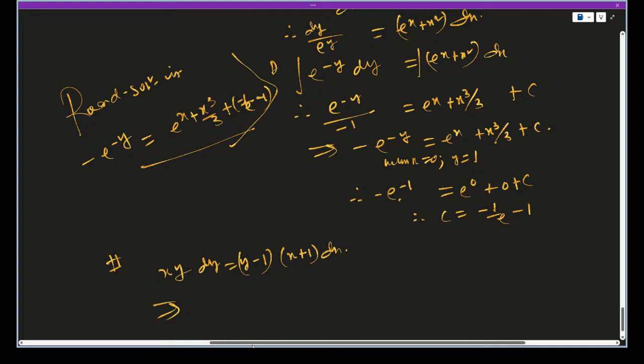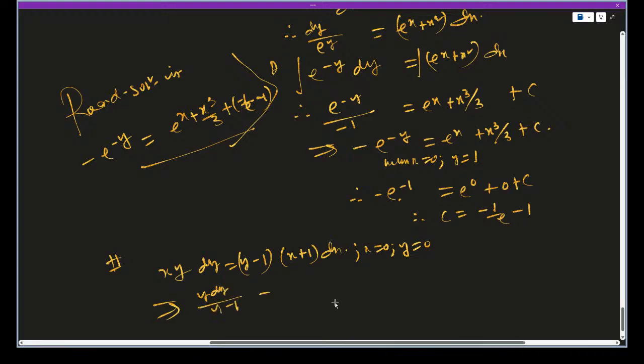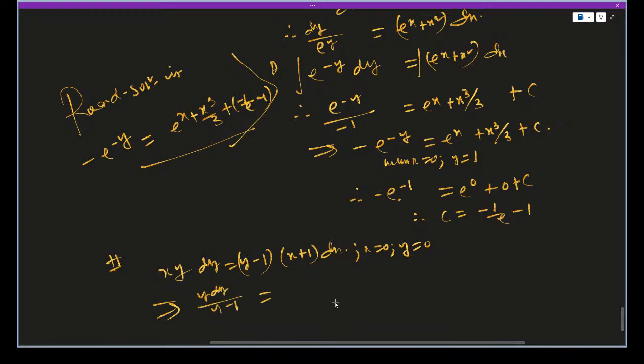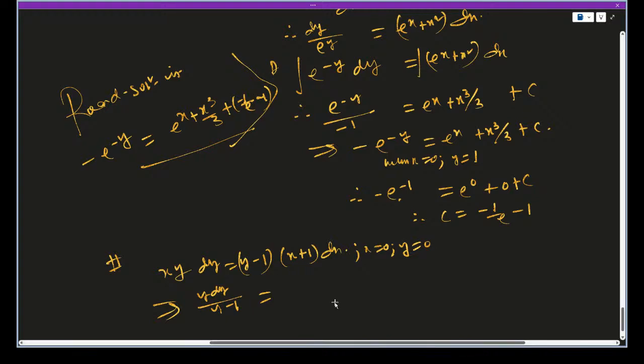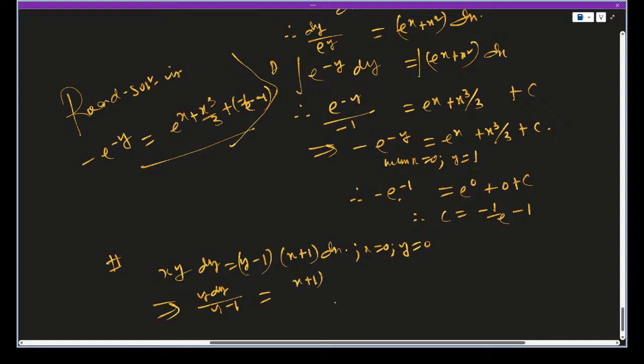What to do? You have to solve. And when x is 0, y is 0, given. So go by separation of variable. Y with function of y, dy with a function of y, dx with function of x. Better to say.